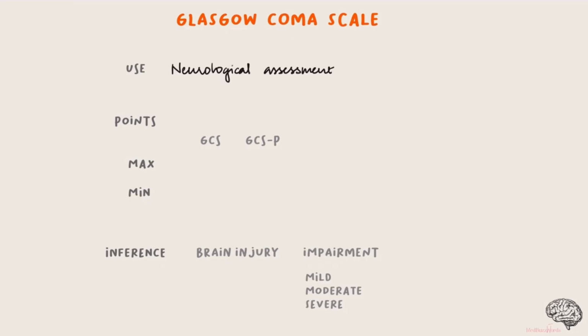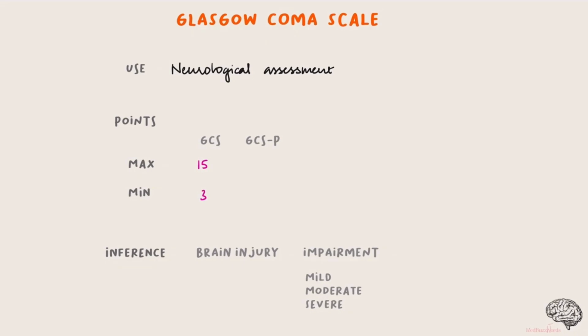And as we had seen, the maximum and minimum points of the GCS and GCS-P scores would be somewhat like this. Since the GCS components were 4, 5, 6, if we add them, that means a score of 15 is the maximum that is possible. And as we had discussed in the GCS score, the lowest score for each of the components was 1. So 1 plus 1 plus 1 would be 3.